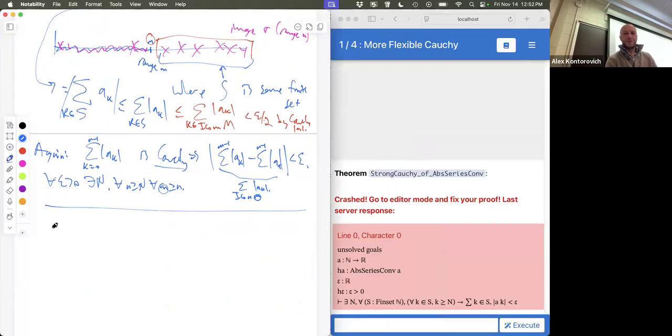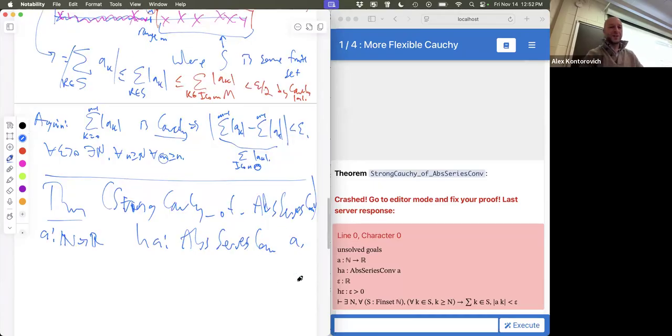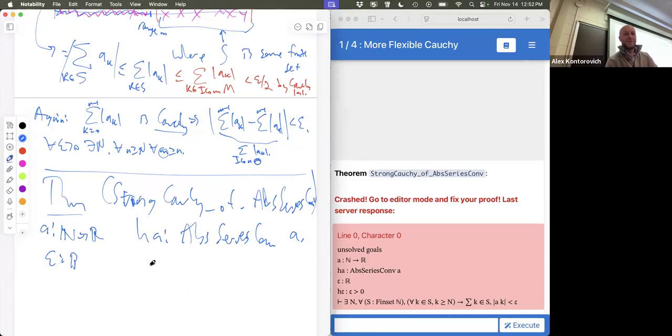So, theorem. This theorem is called strong Cauchy of abs series conv. Whatever, naming things is not my forte. The theorem says you have a sequence a_n and you have an assumption HA, abs series conv. You have an epsilon and you have H epsilon, that epsilon is positive.